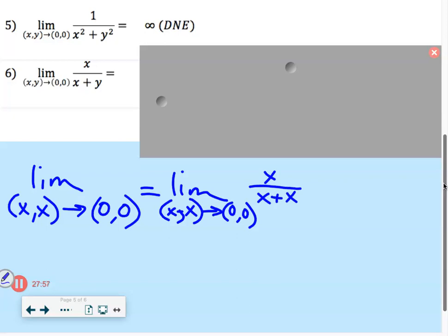And now you can cancel an x top and bottom, right? And you just end up with a half. Is that okay? Okay. So if you use 0 as your constant, it's 0 over y, it's 0.